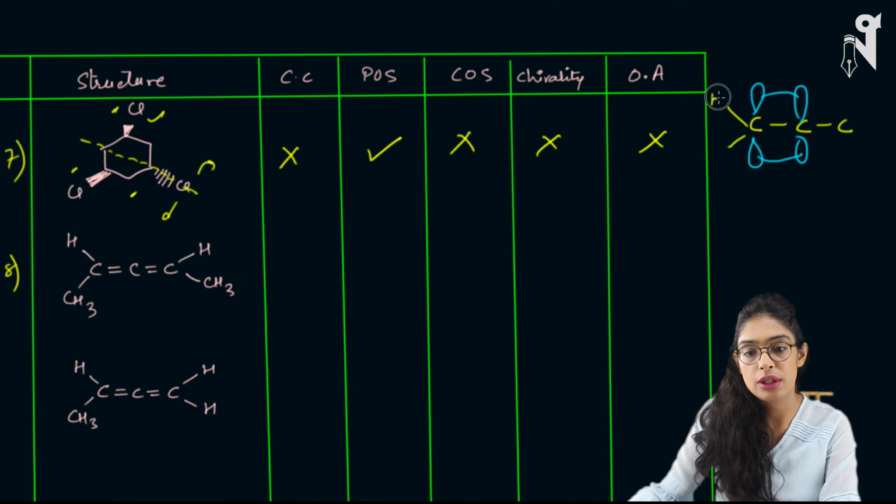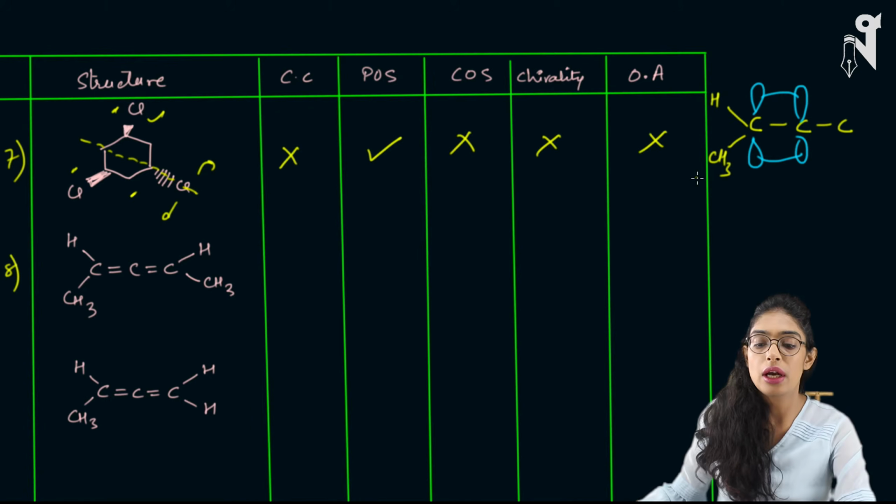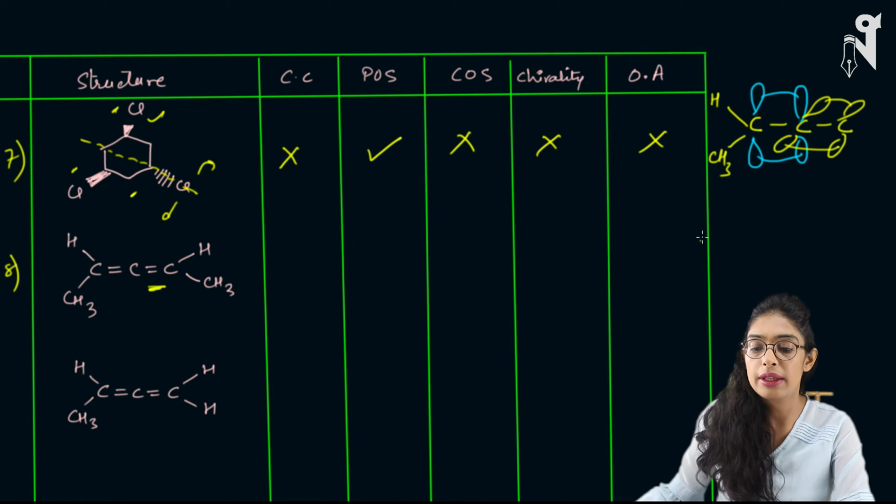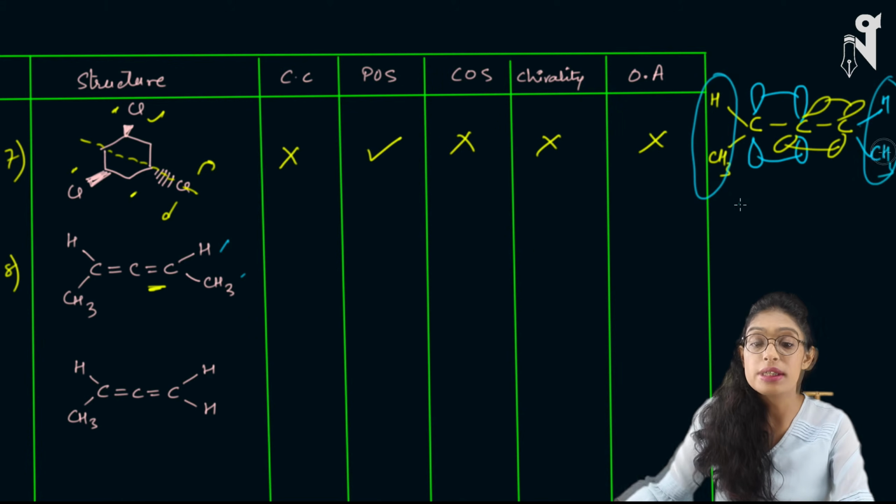Now, when I'm talking about this pi bond, then this pi bond will form in the opposite plane, or you can say the perpendicular plane. So this is my pi bond, and then this H and CH3 will be in this plane. This H and CH3 and this H and CH3 are in different planes.